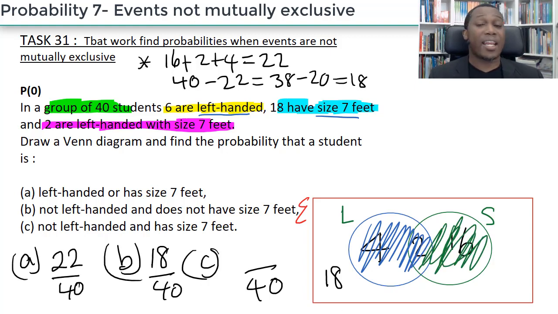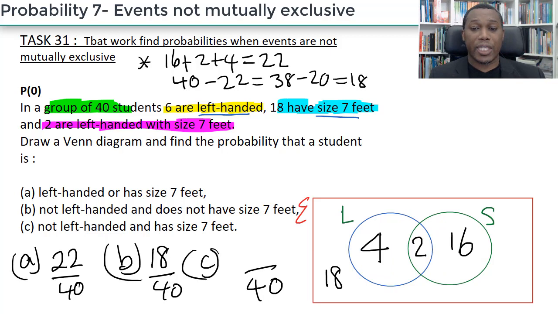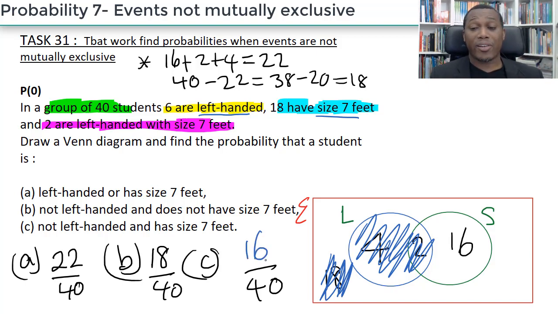We're not considering any of those. What is left? 18. So that visualizes B. Now let me do the same idea for C. Not left-handed. That means bye-bye. And we're saying, but you have size 7 feet. That means bye-bye to everything out there, because you don't have size 7 feet. What is left? 16. The numerator is 16.